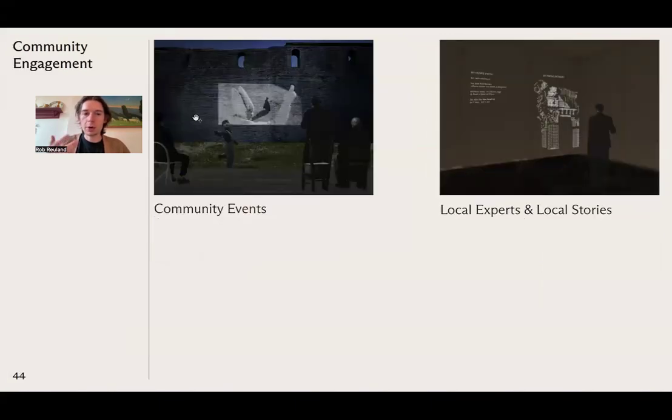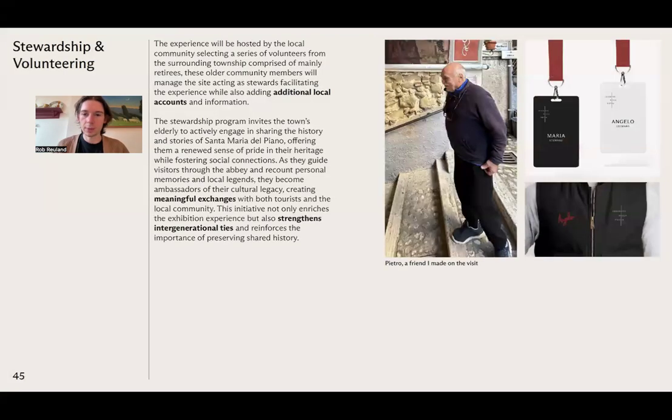Thinking more about this community element, like I said, I want these film screenings to be chances for people to come together from the area and have content that is new and refreshed, so that there's an opportunity to go back for more each time if you're living in the area and not just visiting.